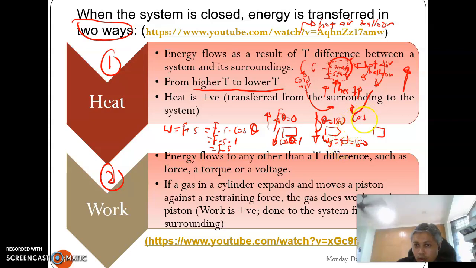Cos 180 is equal to -1, so this formula will become force dot s times -1, so it will become negative F dot S, which is different in direction as compared to the first one. This is the first one, this is the second one.